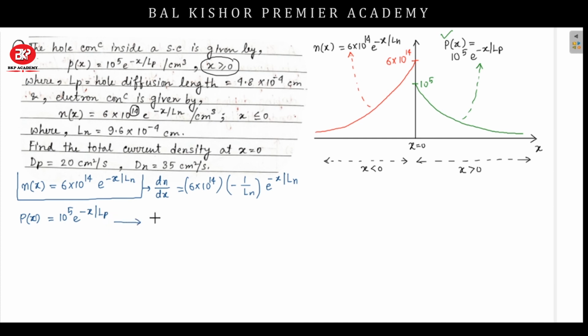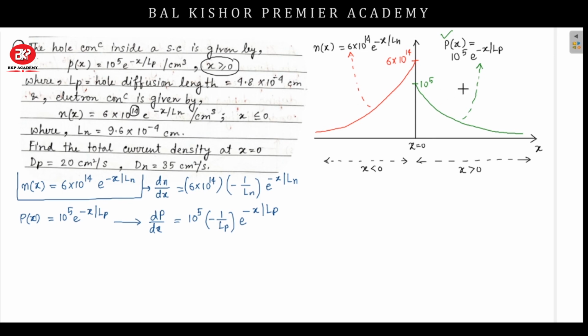From this equation we can calculate dp by dx, which will be 10 to the power 5 times minus 1 by Lp, e to the power minus x by Lp. So we have calculated the electron concentration gradient and the hole concentration gradient.